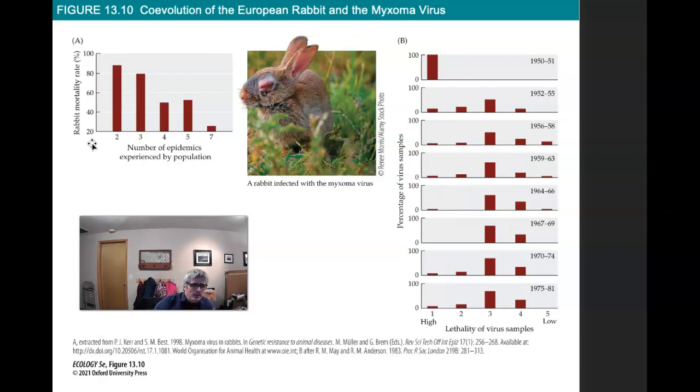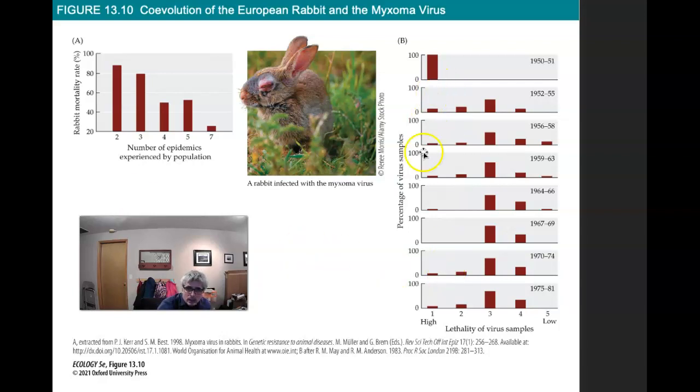This graph starts at 20%. You should never start a graph at 20%, but this one does. So that's 25% or so of the population would die from the epidemic. In a population that's only experienced 2 epidemics, you're closer to 90%. So there's still an impact from it, but much less.